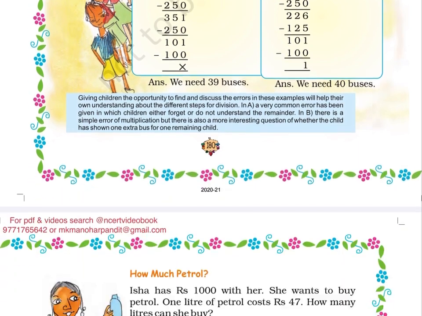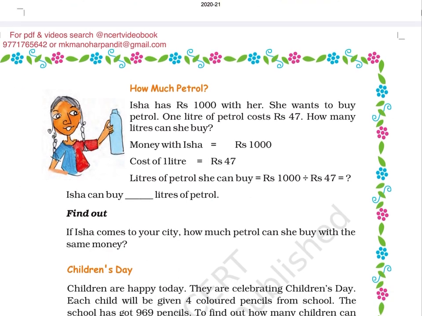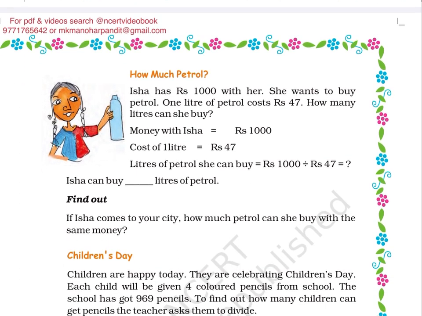Page 181. How much petrol? Isha has rupees 1000 with her. She wants to buy petrol. 1 liter of petrol costs rupees 47. How many liters can she buy? Money with Isha is equal to rupees 1000. Cost of 1 liter is equal to rupees 47.